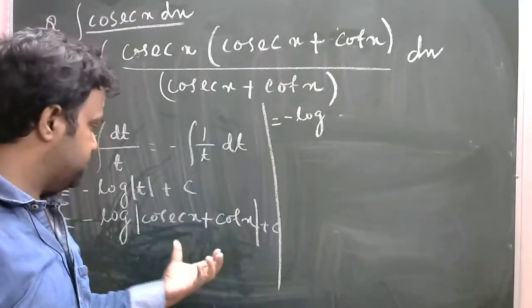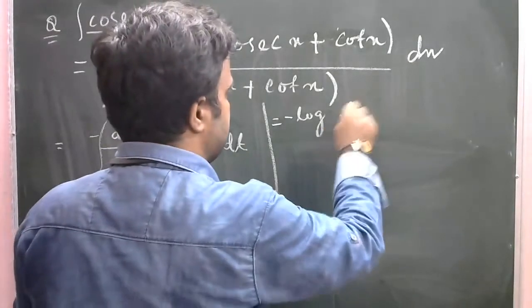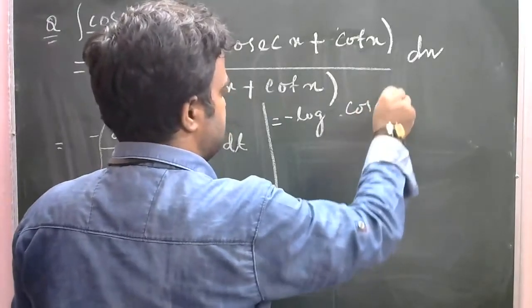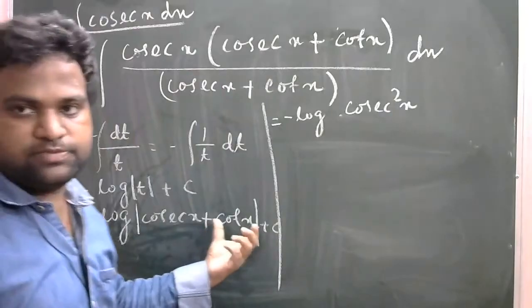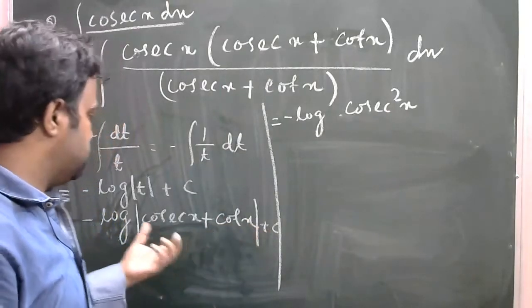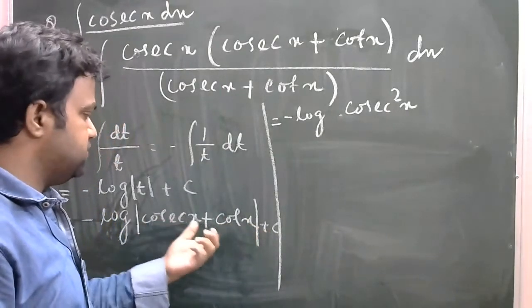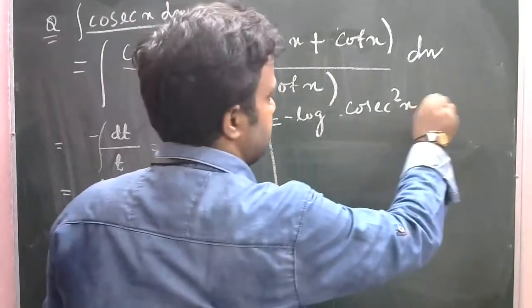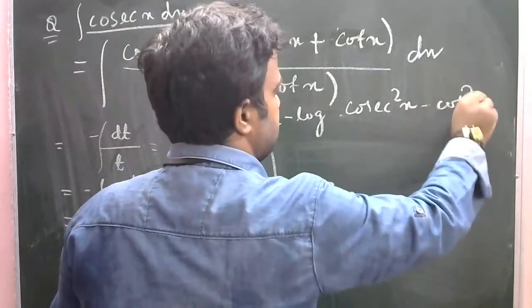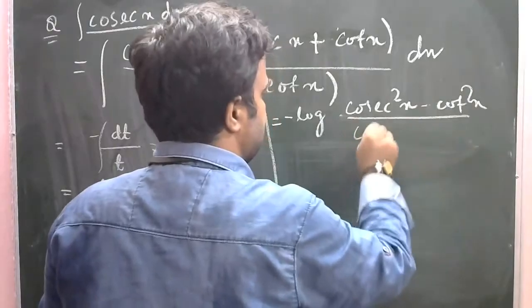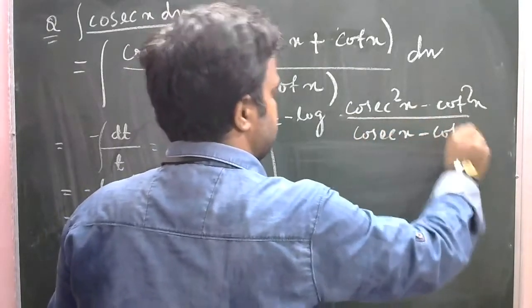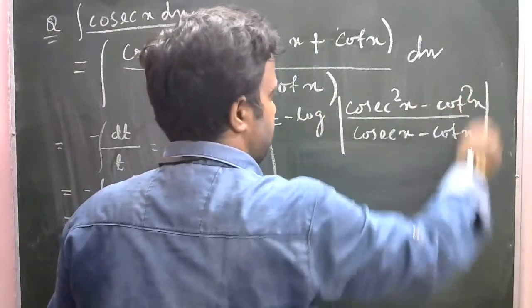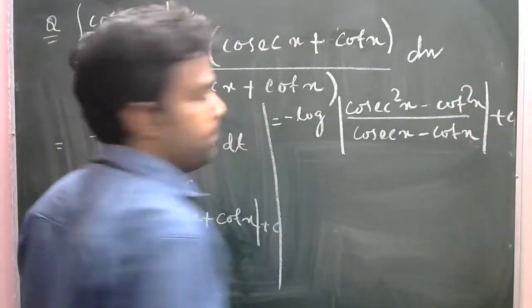Then what I'll get? a plus b into a minus b is a square minus b square. So cosec square x minus cot square x by mod cosec x minus cot x plus c.